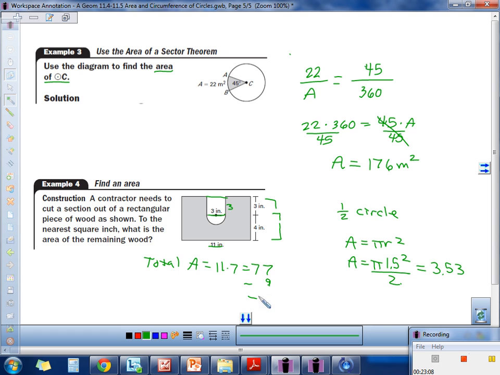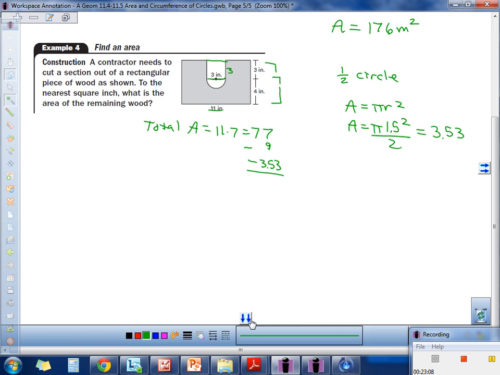So that's the other measurement I need to subtract out. So to get our final answer, we do 77 minus 9 minus 3.53. And what do we get when we subtract out all those values? We get 64.47 inches squared. That's our total after we make those cutouts.